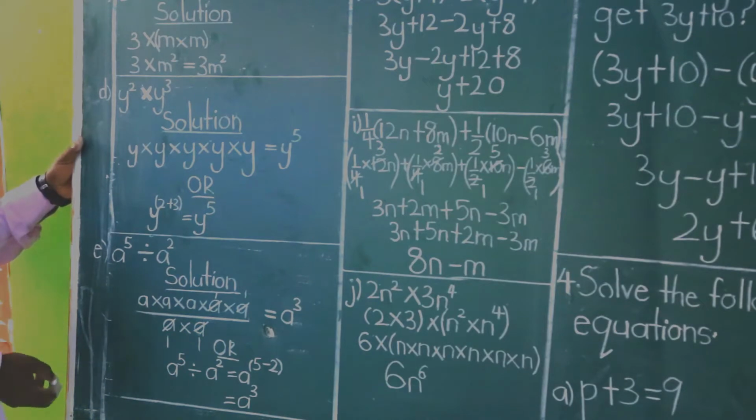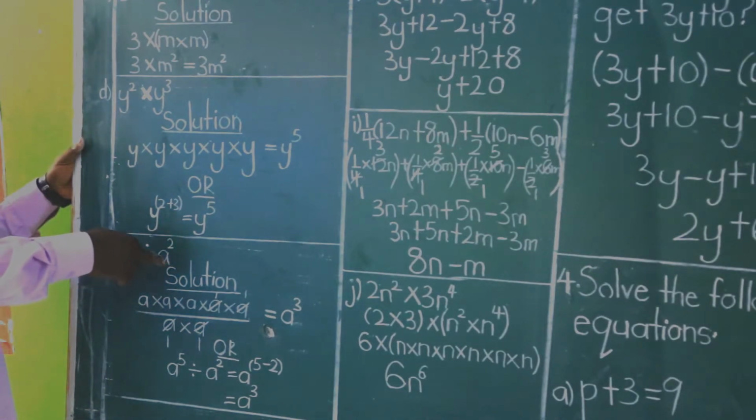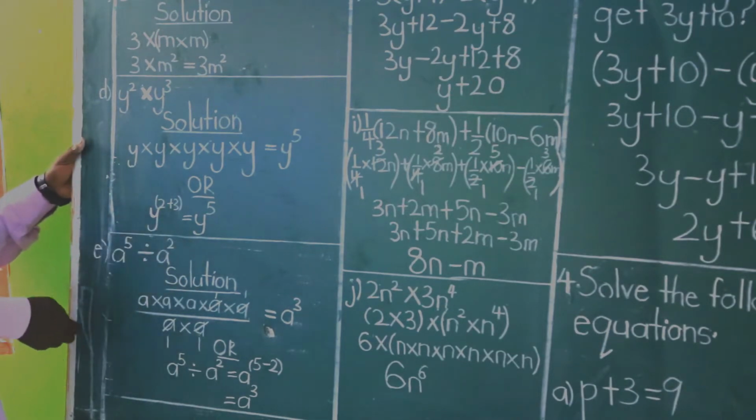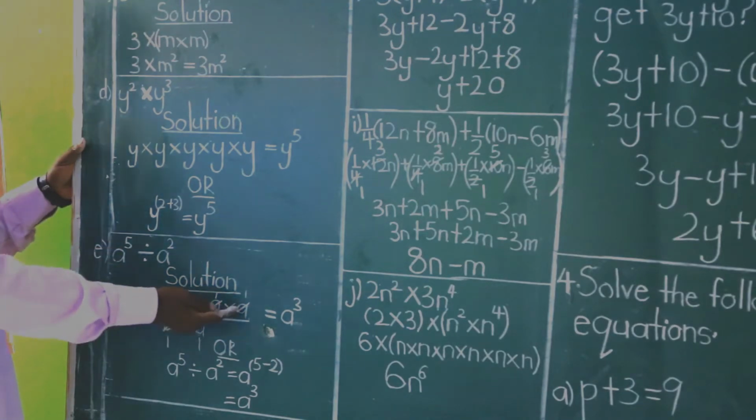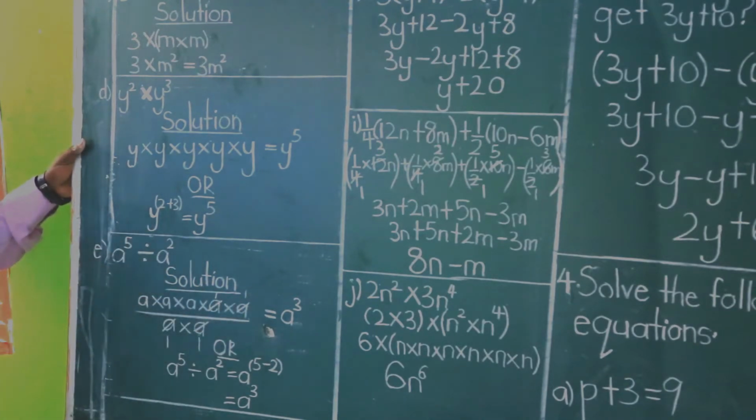So we are starting with expansion. Remember, a index 5 divided by a index 2 is the same as a index 5 out of a index 2. That's why we make a index 5 expanded as the numerator and index 2 as the denominator.